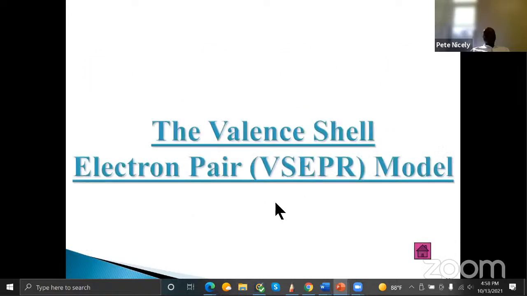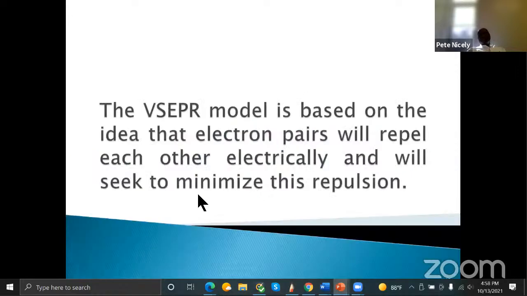Okay, now the model that is used to explain the shapes of molecules is called the valence shell electron pair repulsion model or theory, all right, or VSEPR, all right? So this is the theory that we're going to use to predict the shapes of molecules based on the Lewis structures.